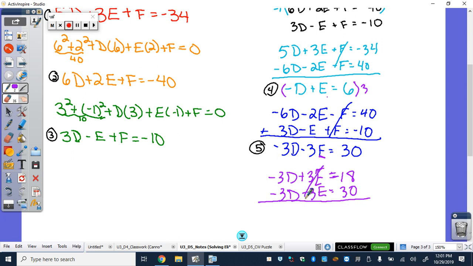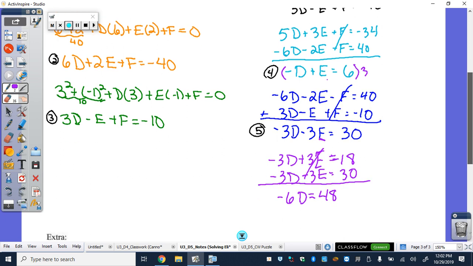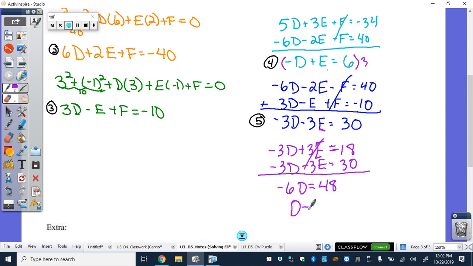You can line up equation number 5 underneath it. So we get negative 6e equals 48, so what does e equal? Negative 8.